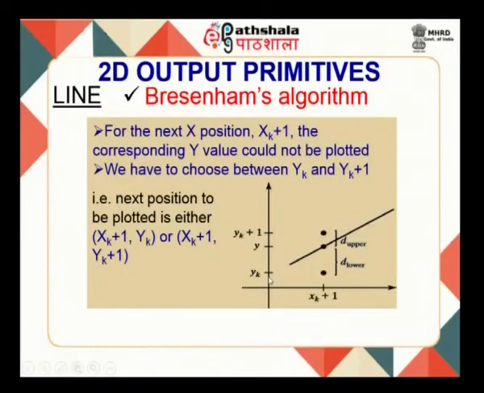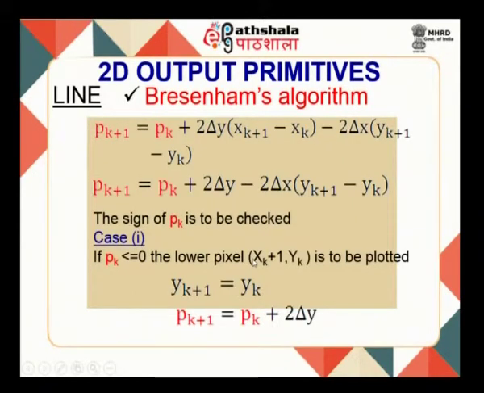If you remember the first graph, which of yk and yk plus 1 is chosen is decided based on the sign of the difference of D lower and D upper. So, if D lower minus D upper is less than 0, this pixel is closer, so we say that yk is the y coordinate to be chosen for the next y. So, that is what we have done here.